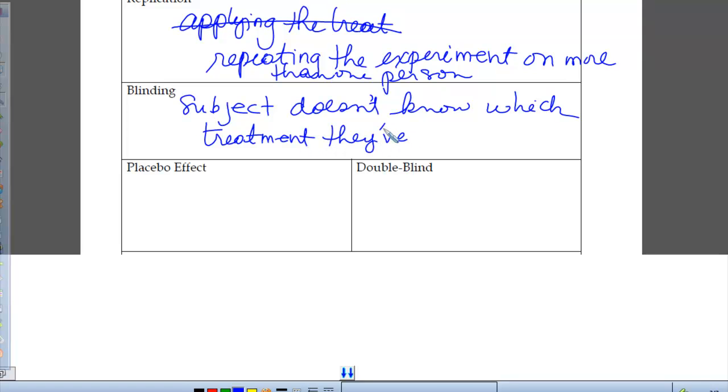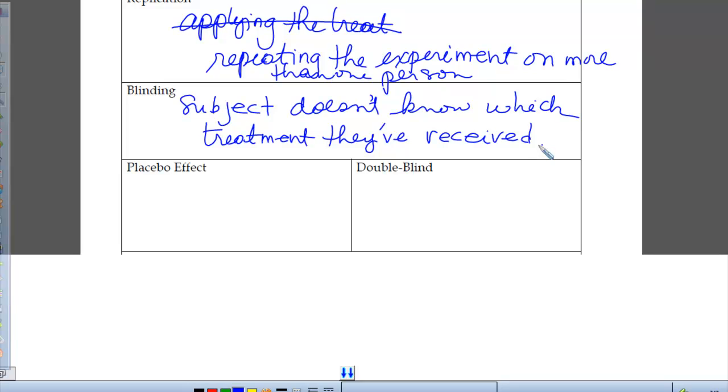Why is that important? I think we talked about that already. Okay, it prevents bias, or the subject might act like they feel better or whatever.